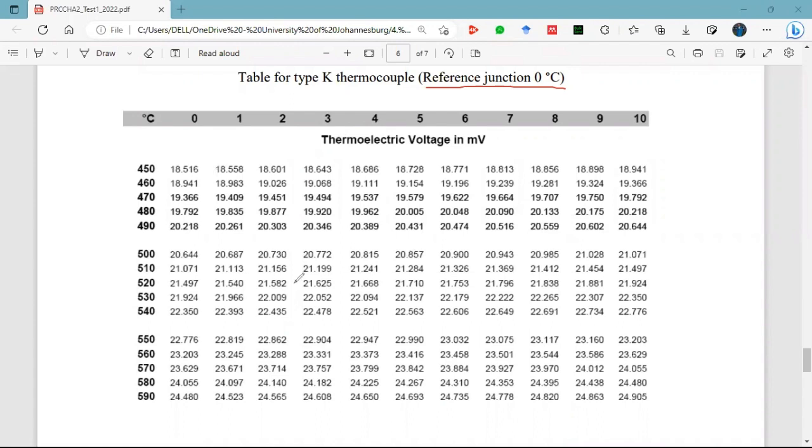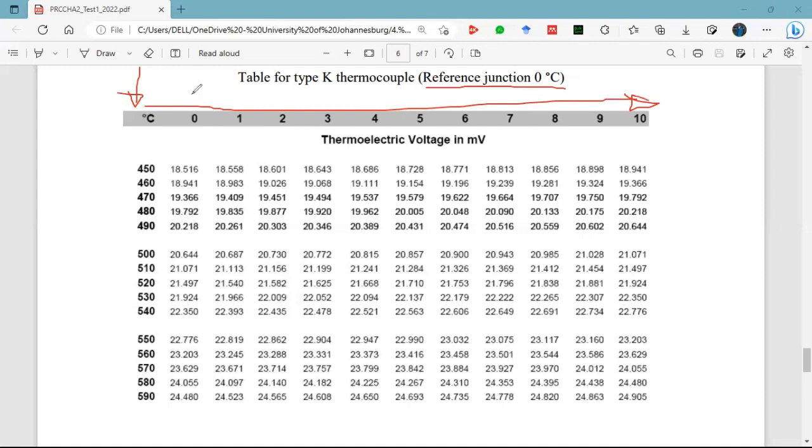So the table itself is like this: thermoelectric voltage in millivolts. Look at the first column on the left and the first row. These two are representing temperature. I hope we are following and no one is left behind.